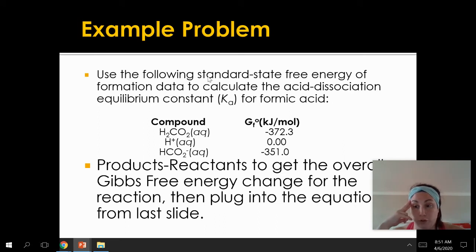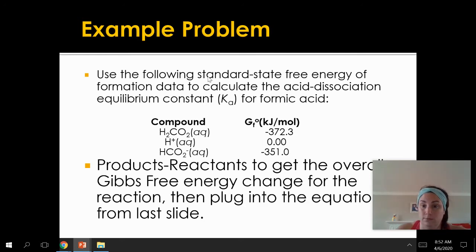Kp would be using partial pressures at equilibrium if there are gases in the reaction. But once you've used, in this problem, your G's of formation to get your delta G, then it's just plugging and chugging, putting that value in for delta G, your 8.31 for R, your 298 for T, and I know it's 298 because these are all at, with that little circle, standard state, which is 298 Kelvin.